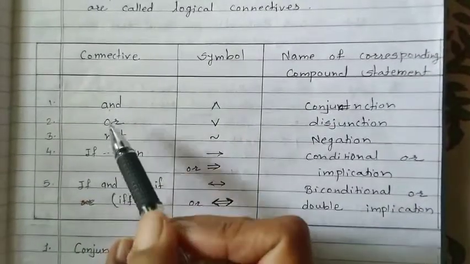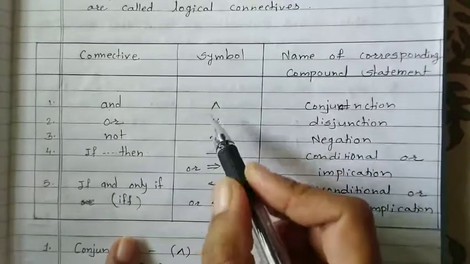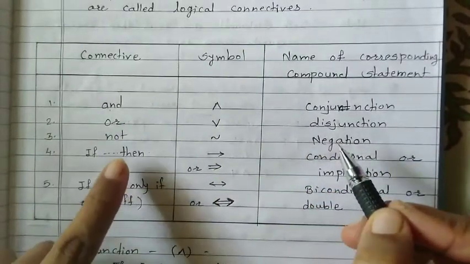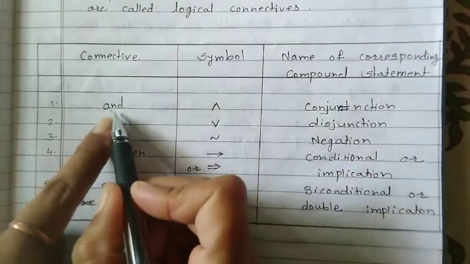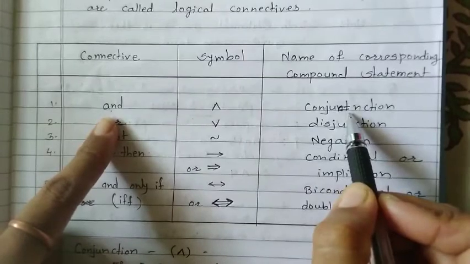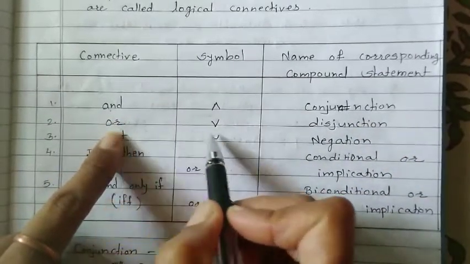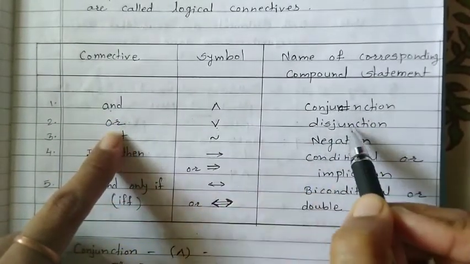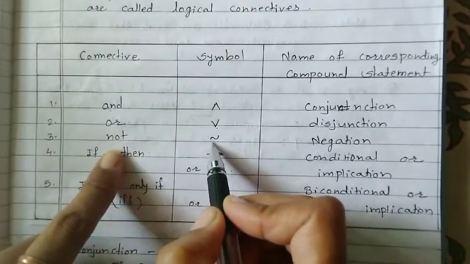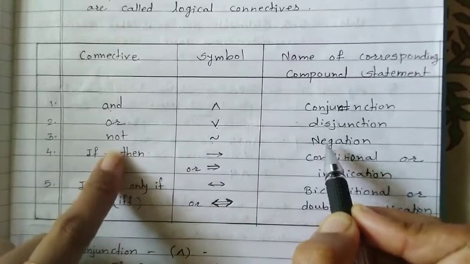Here you have the connectives, their symbols, and the names of the corresponding compound statements. First connective, and, whose symbol is like this, which is called conjunction. Second, or, whose symbol is like V, whose name is disjunction. Third, not, whose symbol is like this, negation.